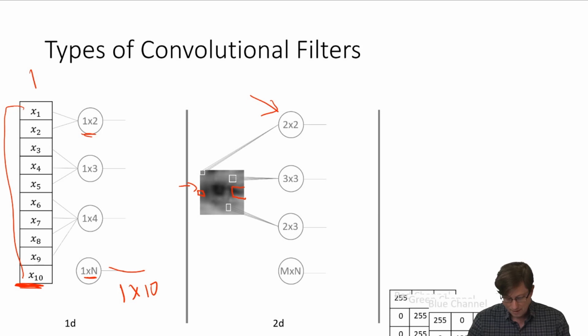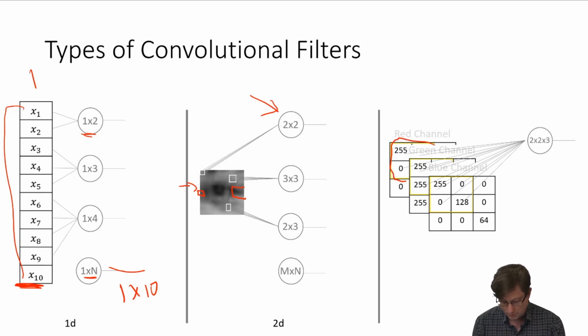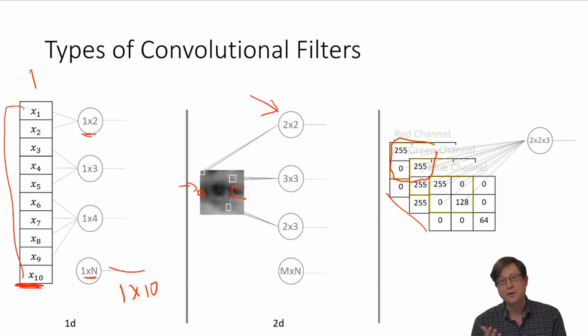We'll get there. And finally, not really finally, because you can go and go and go, but if you wanted to have a convolutional layer that did your color to grayscale conversion for you, you could imagine having a 3-dimensional filter. So it would be 2 by 2 by 3, for each channel of the RGB image that you input to the neural network.